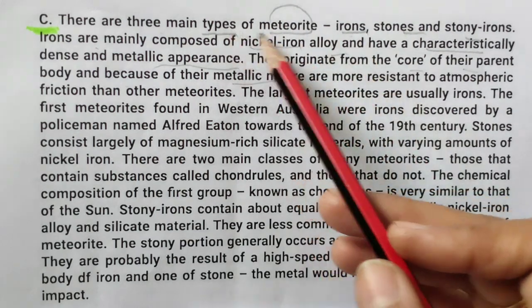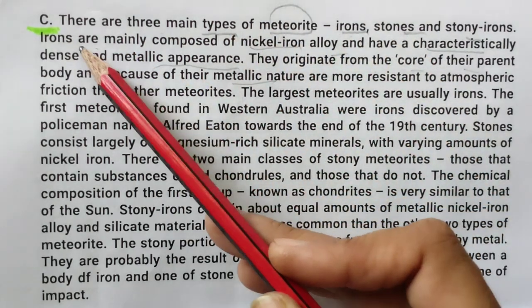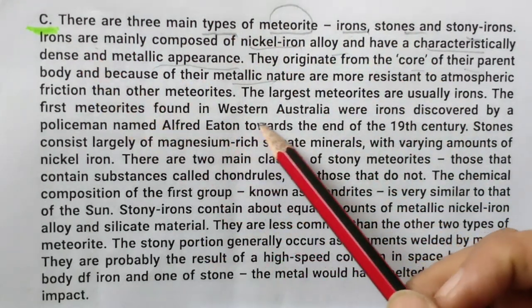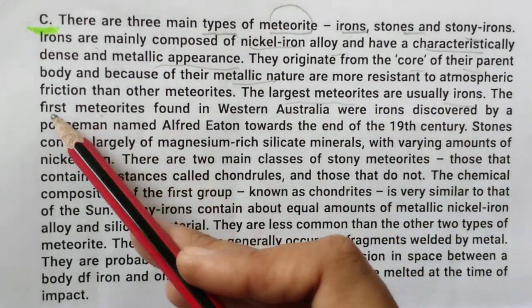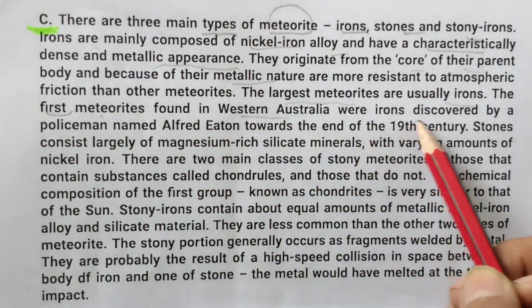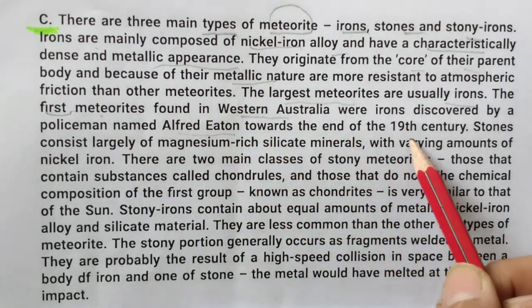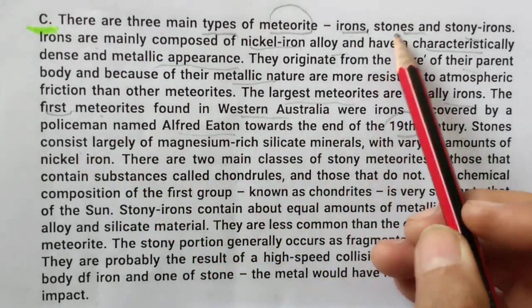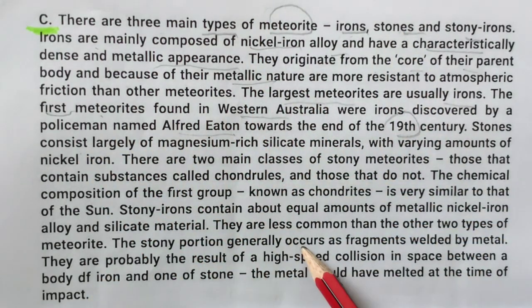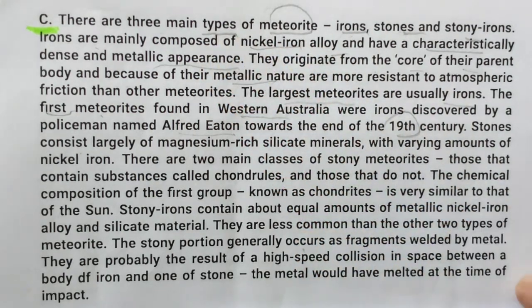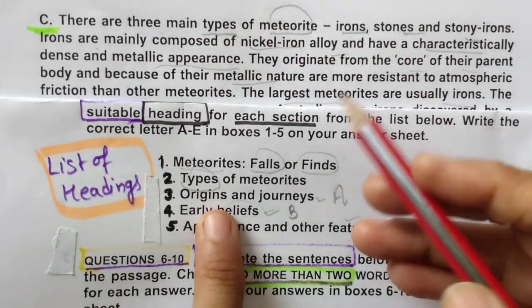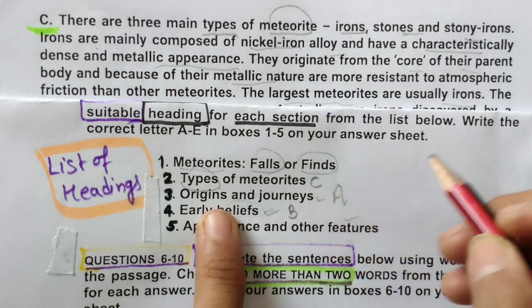So, types of meteorites, and first they are talking about irons, and then the largest meteorites are usually irons. The first meteorites were found in Western Australia. This person, 19th century. Stones, now they are talking about stones. It means without saying, definitely we will just mark types of meteorites. So C will come with types of meteorites.